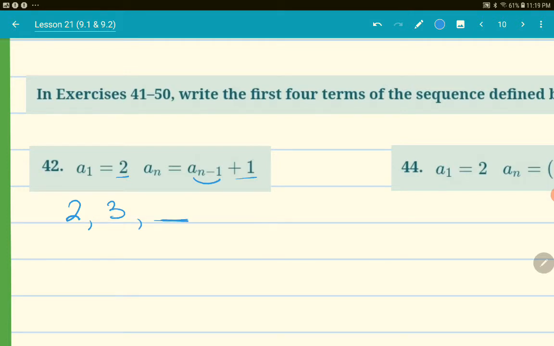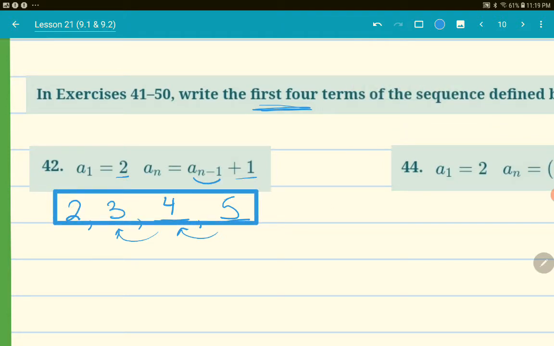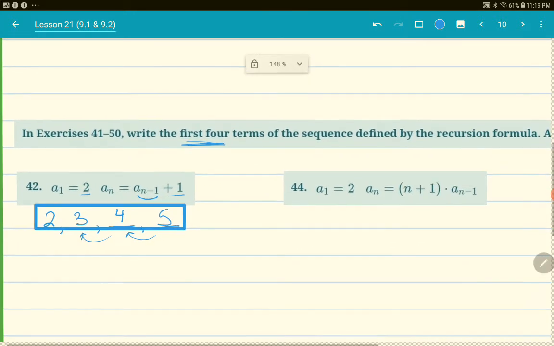For the next number, I look at the previous number and add 1, so I get 4. Then I add 1 again and get 5. I just need the first 4, so that is my first 4 numbers of that sequence.